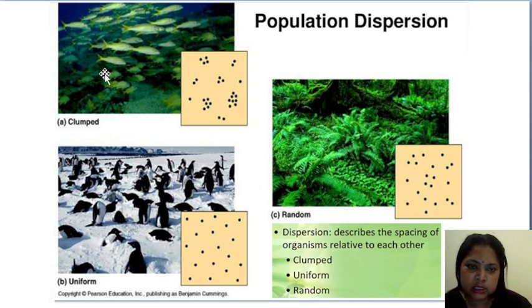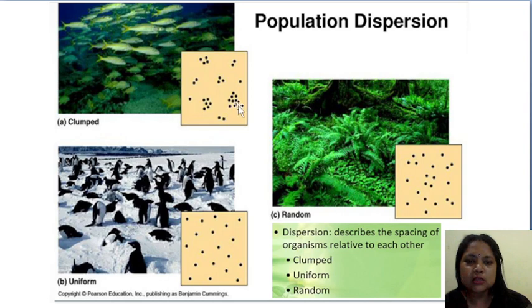So you can easily understand by this picture that clumped distribution means, for example, in a pond or in a water body, you add some nutrients at a particular point. So what will happen? Immediately at the place where you have added the nutrients, the aquatic animals will come and gather in that particular place to eat those nutrients.